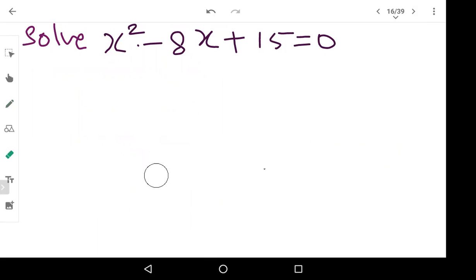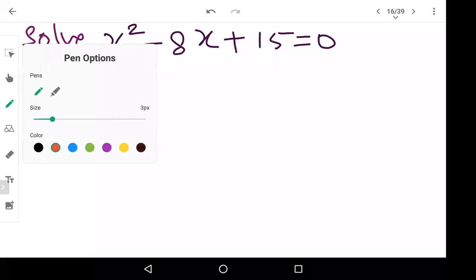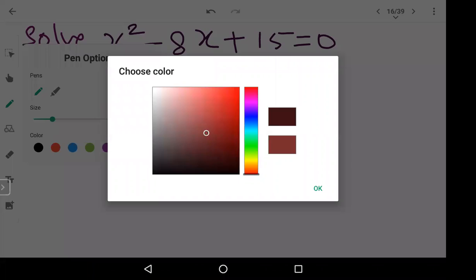Okay. So the next question is x square minus 8x plus 15 is equal to 0. Let me choose a different color here. I don't know if you'll be able to see it. Okay, fine.